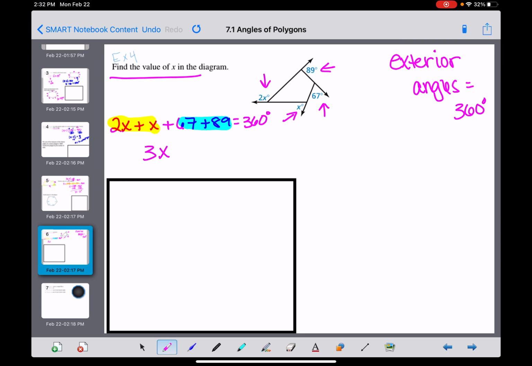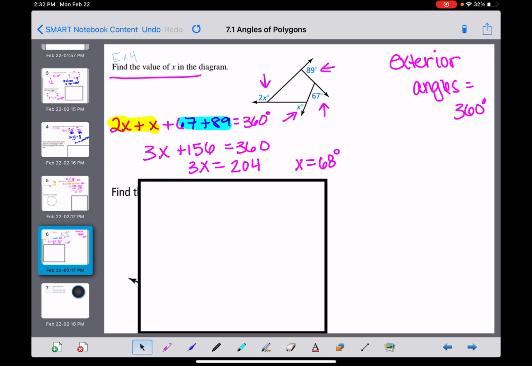And then when I add together 67 and 89, I have 156. Then a normal two-step equation. Subtract that 156 from both sides. So 3x is equal to 204. Then we're going to divide that out by 3 to get x is worth 68 degrees.